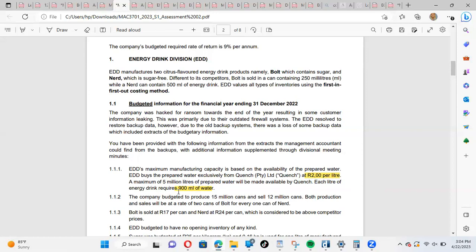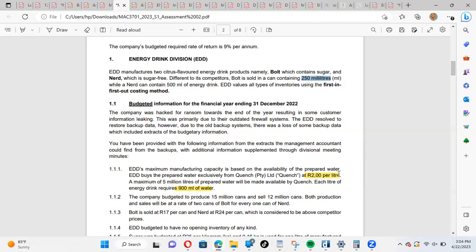This here is energy drink, not water. So we said 2 times how many liters of water we need per liter of cold drink, times 900 divided by 1,000, which is 90%. Then you get that amount.